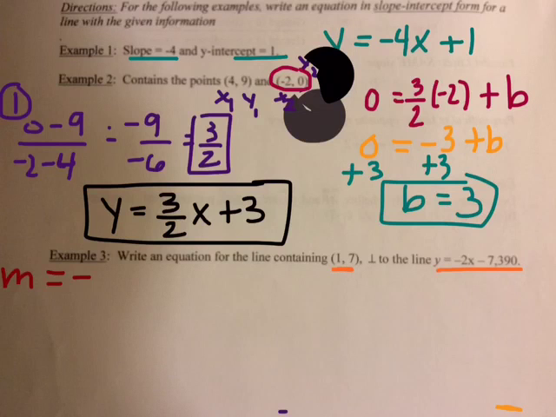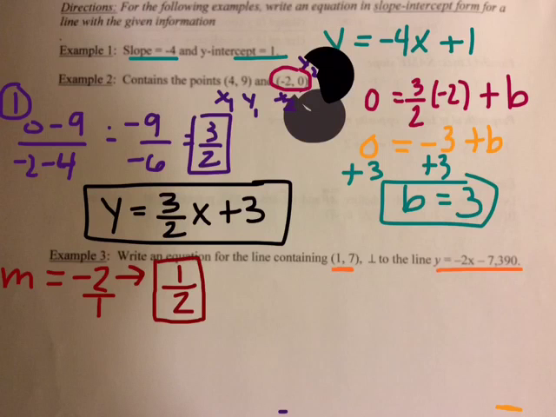So if we start with negative 2, if we flip it, because technically that's negative 2 over 1, it becomes 1 over 2. And the signs are opposite. The original slope is negative, our new slope is going to be positive. So it's positive 1/2.